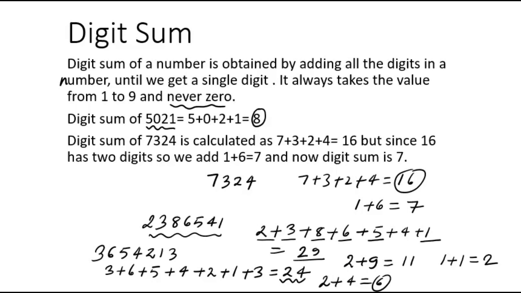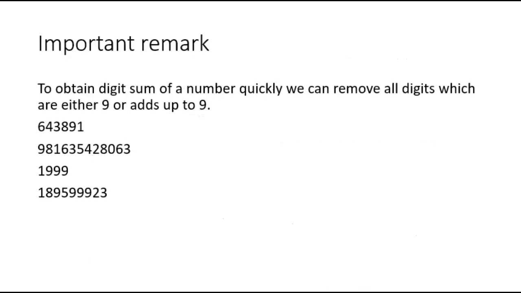But we are going to learn a very smart way of calculating the digit sum. Okay. So look at these numbers. To obtain the digit sum of a number quickly, we can remove all digits which are either 9 or add up to 9. For example, the first number we have is 643891.